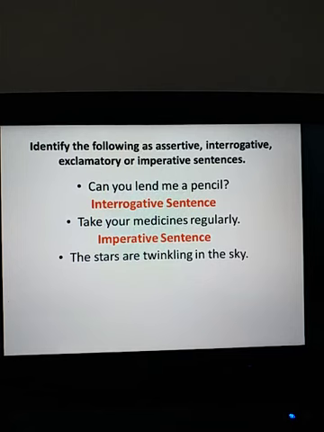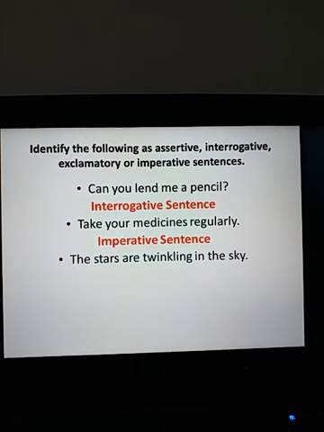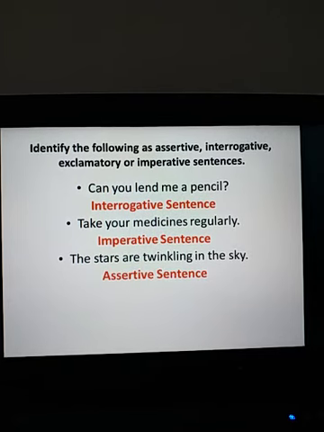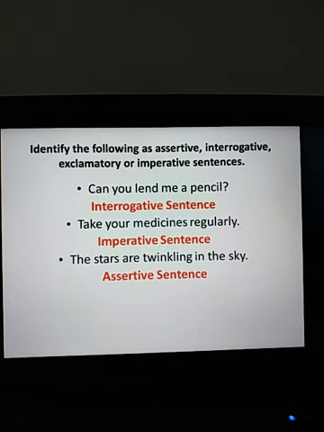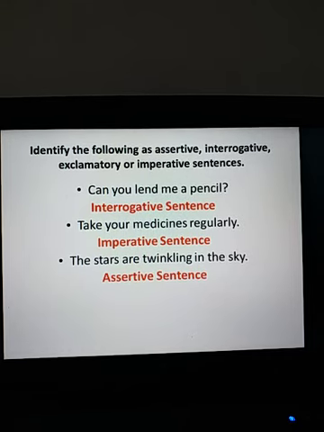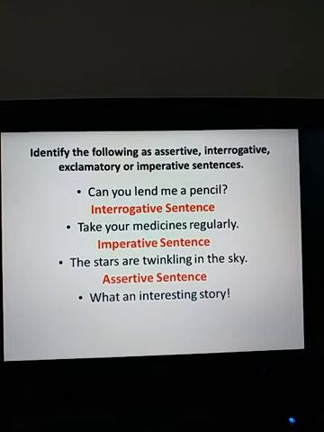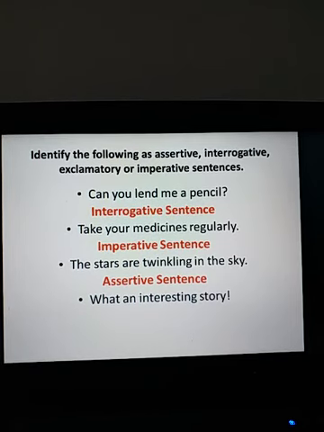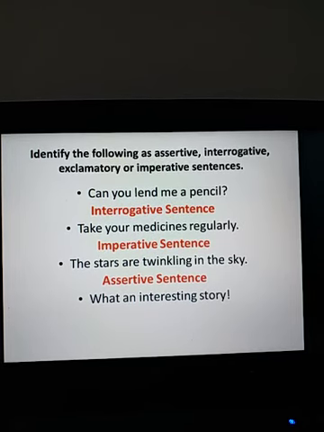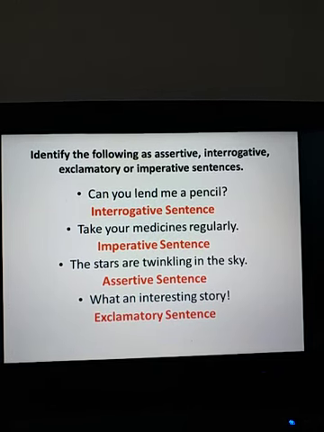The stars are twinkling in the sky. It is an example of an assertive sentence because it gives us some information, correct? What an interesting story. This is very simple. Yes, it has an exclamation mark at the end, so it has to be an exclamatory sentence, correct?